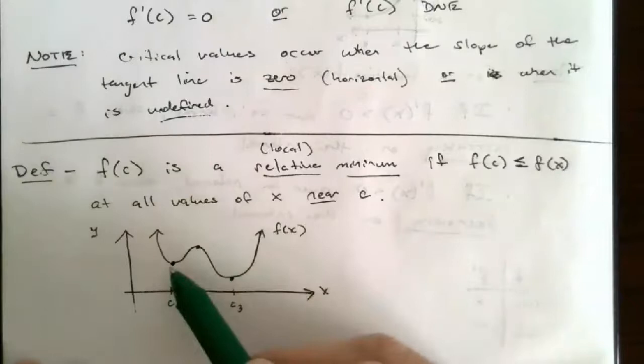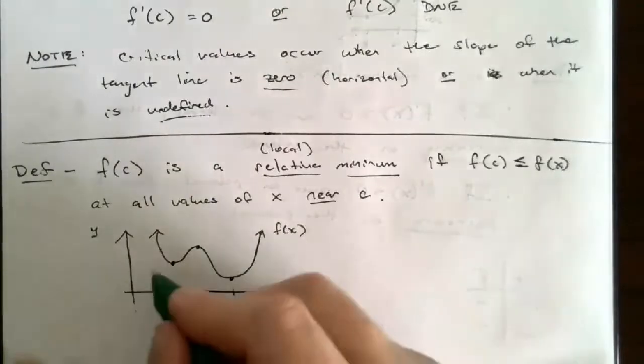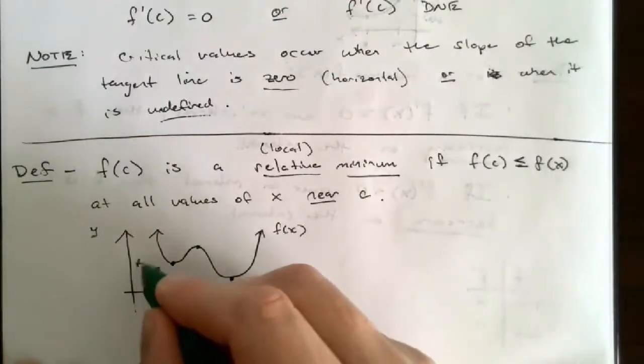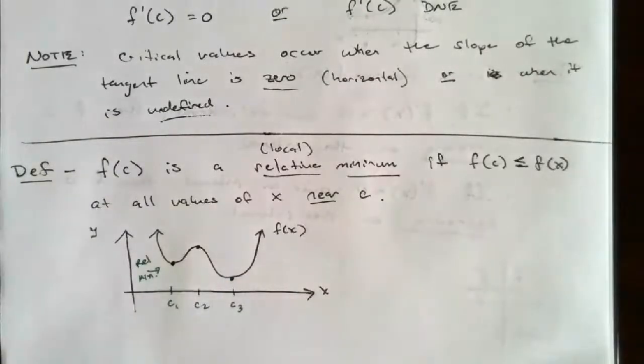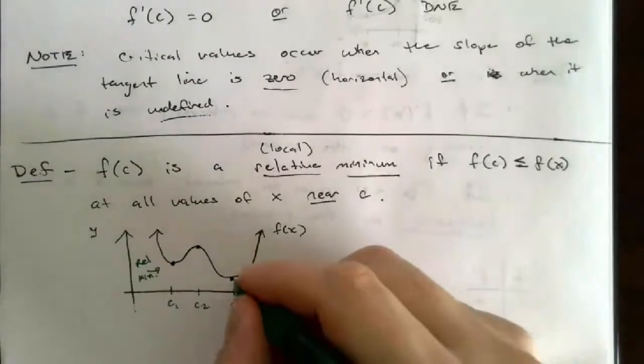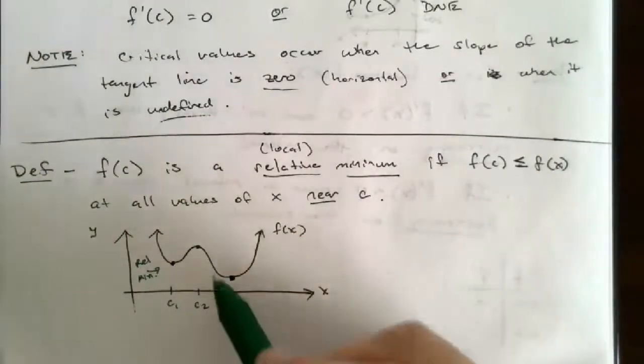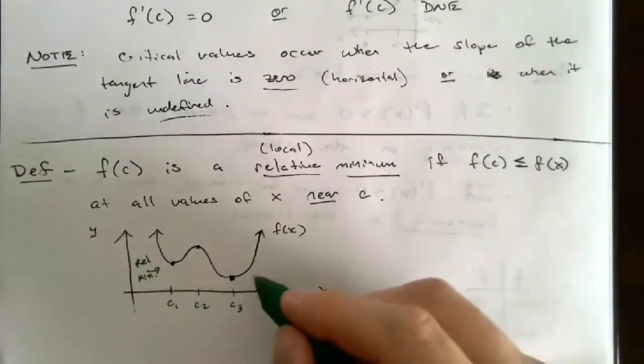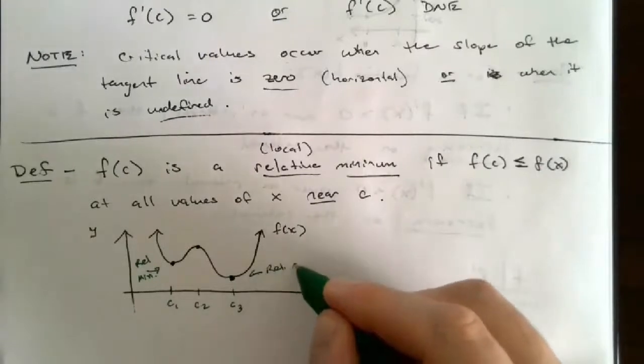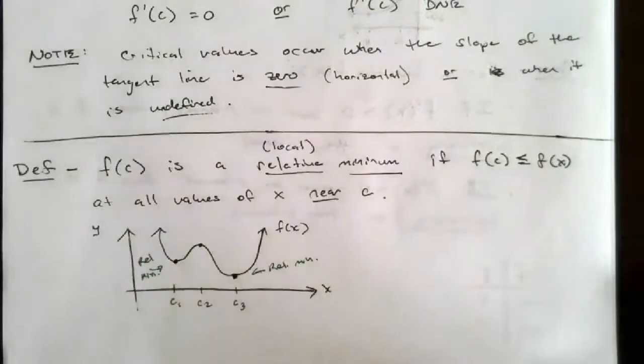It's not the lowest value on the whole graph, but it's a relative minimum. So this would be a relative minimum at c1. Where else would you have one? Well, at c3, it's going downward then coming back up. It's the low points. So this is also a relative minimum.